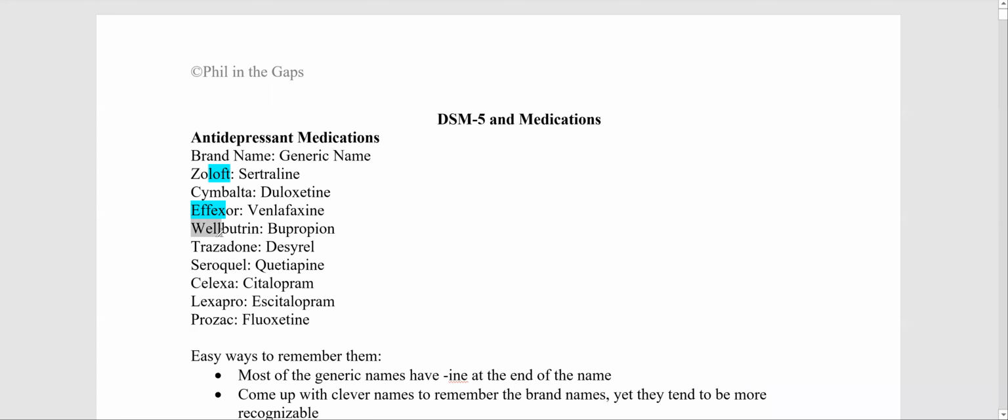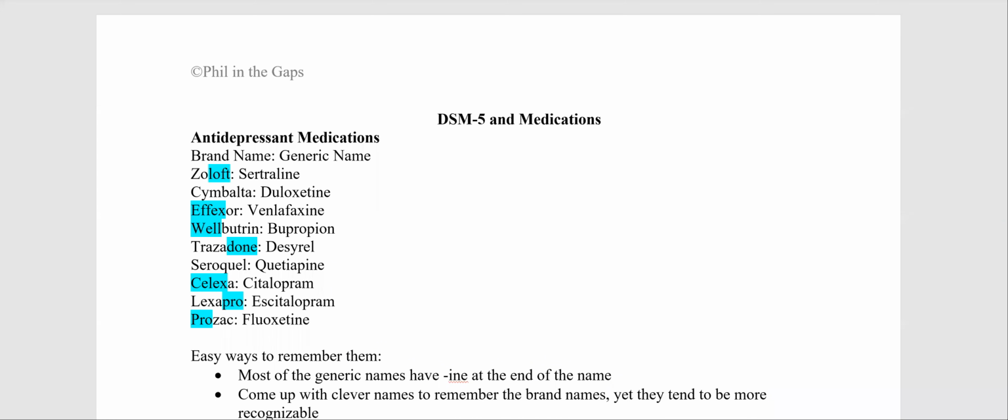Wellbutrin helps you feel well. Trazodone helps the depression to be done. Celexa helps it select the mood. And then Lexapro helps you feel like a pro. And Prozac also makes you feel like a pro. So those are easy ways to remember the brand name if you are able to see them.